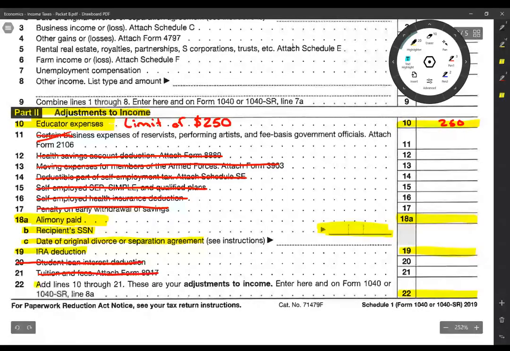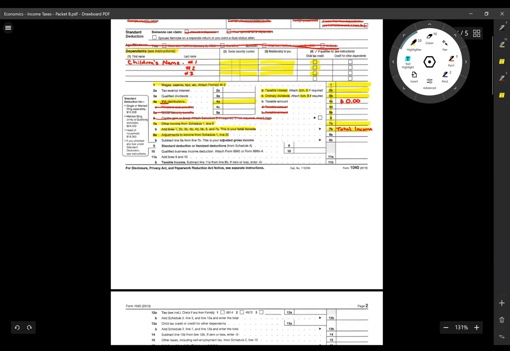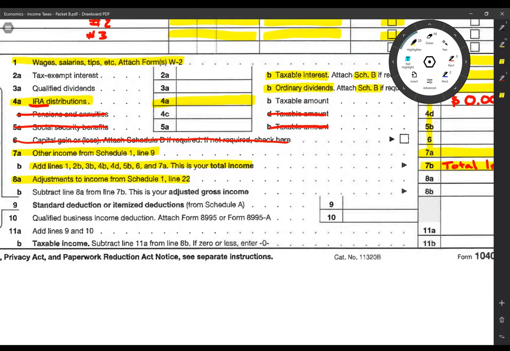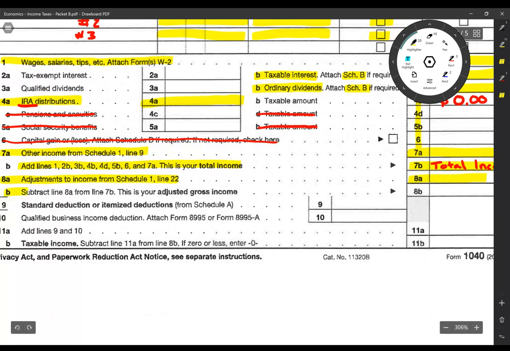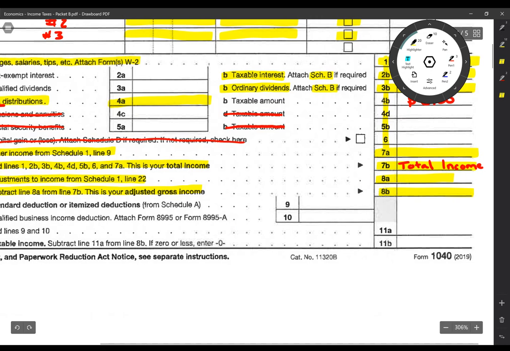Okay, add lines 10 through 21. And we take the information that's right here, and we go back up to our 1040, and we put that in 8A. Okay, then 8B says subtract the line. All right, and so we subtract it, and we just follow those simple instructions. Okay.